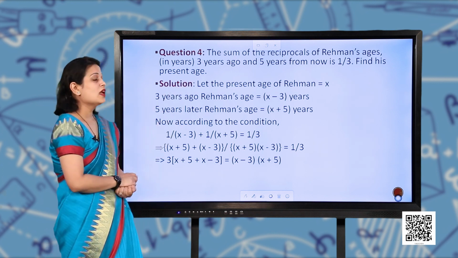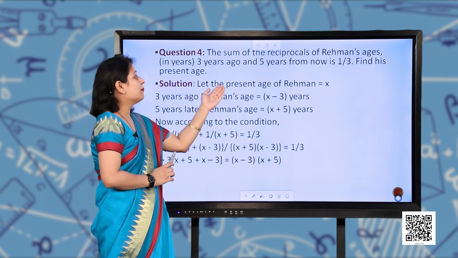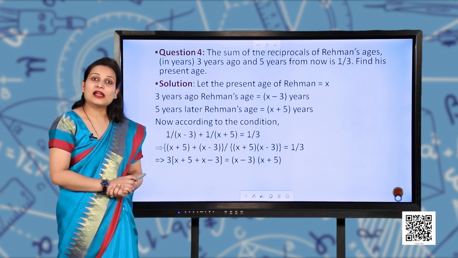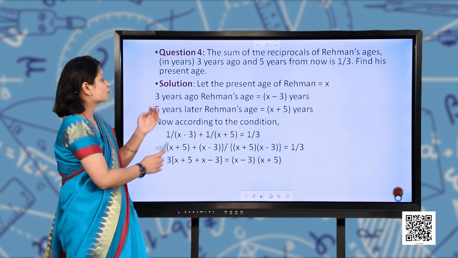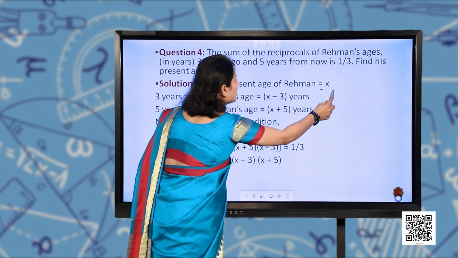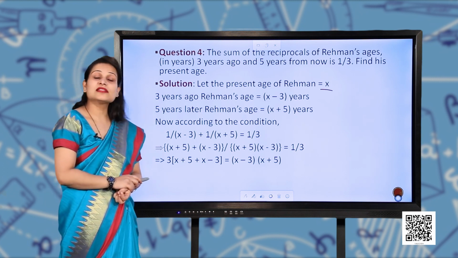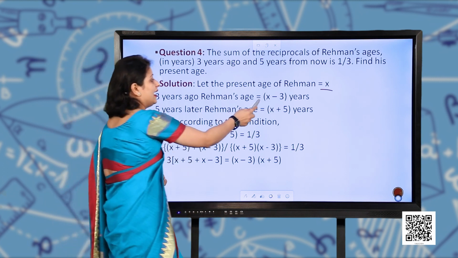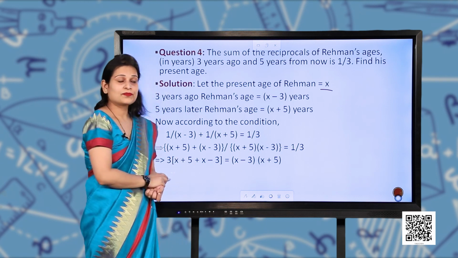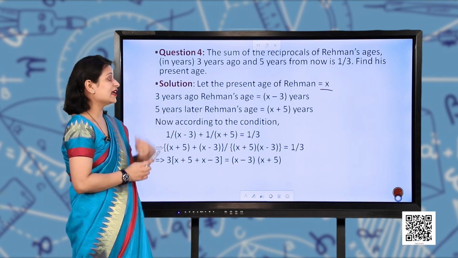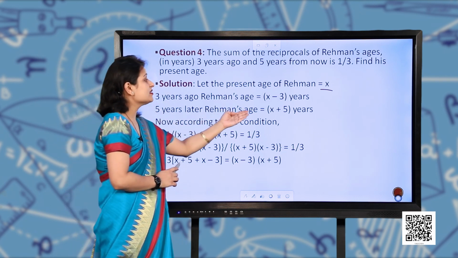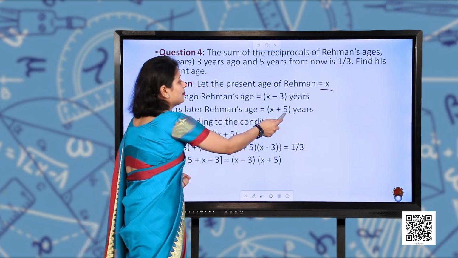Solution: let the present age of Rahman be x. So, present age is x.